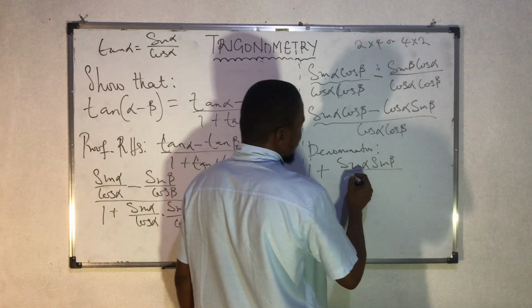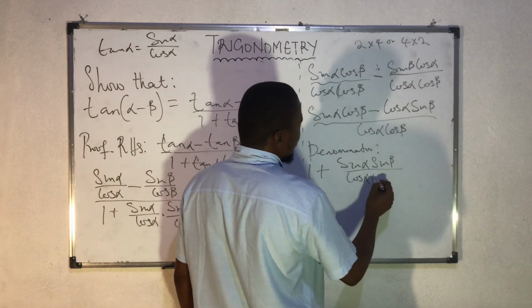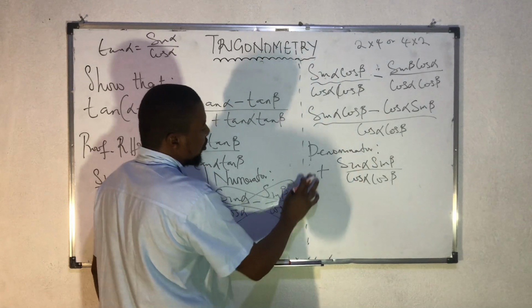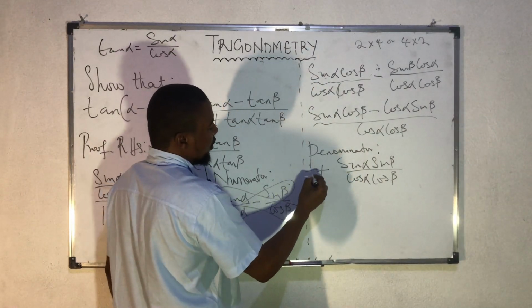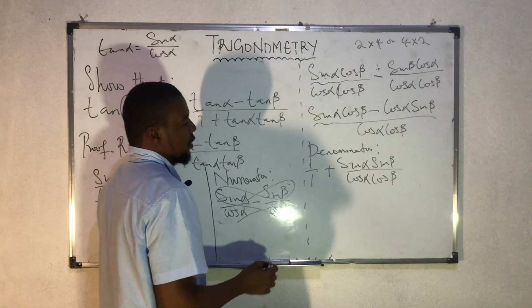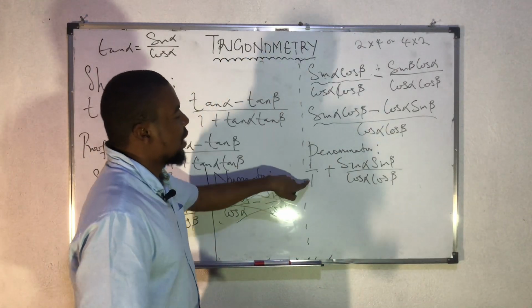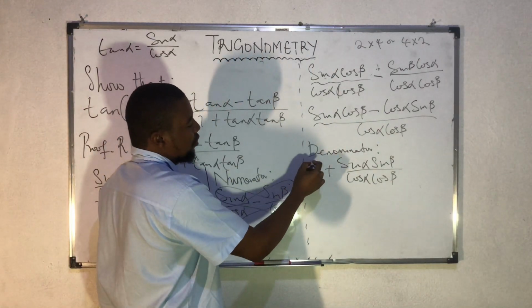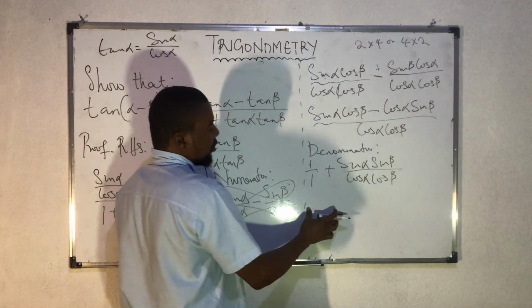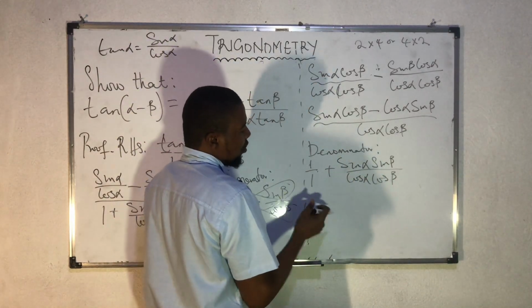Remember that this is 1 over 1. I added the over 1 for simplicity's sake, because 1 divided by 1 is also 1, so we have not changed anything yet. Now let's combine this as a single fraction by multiplying across.